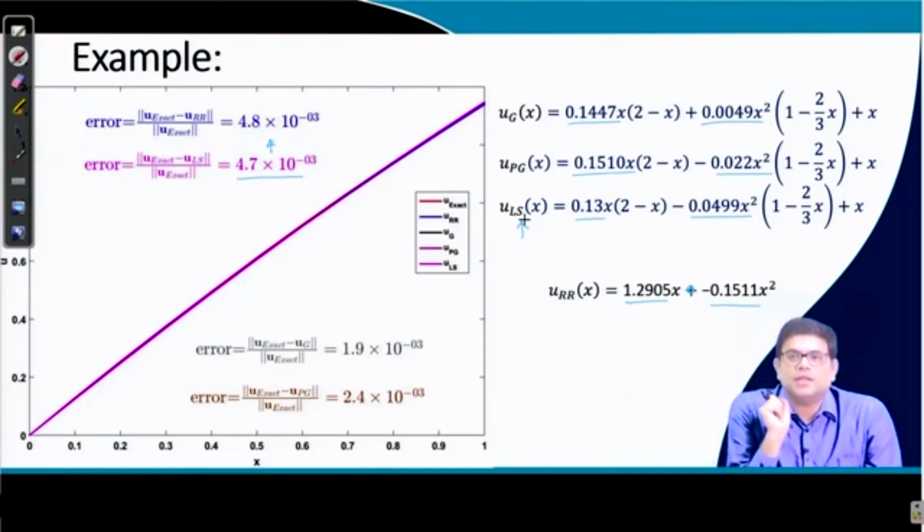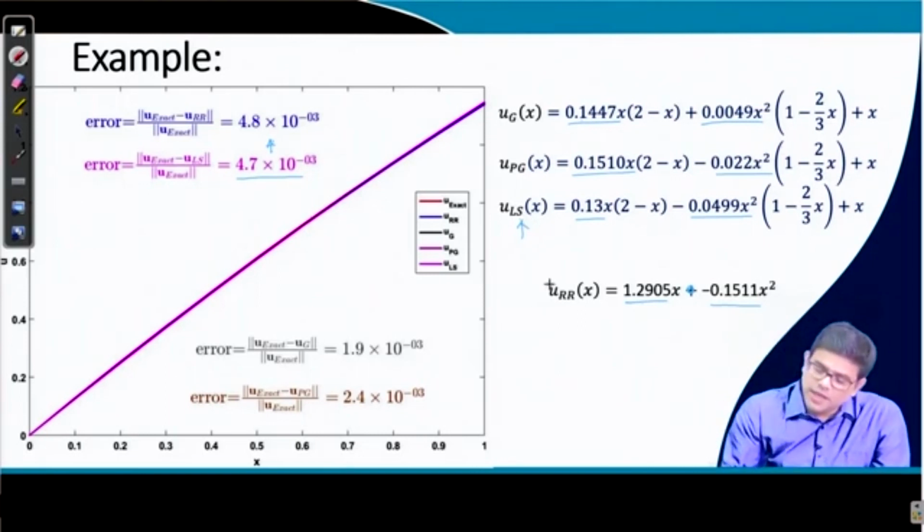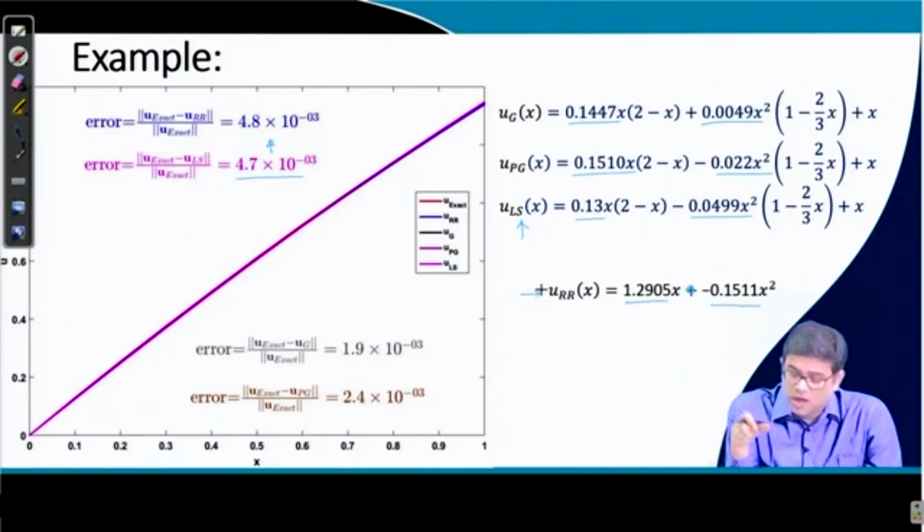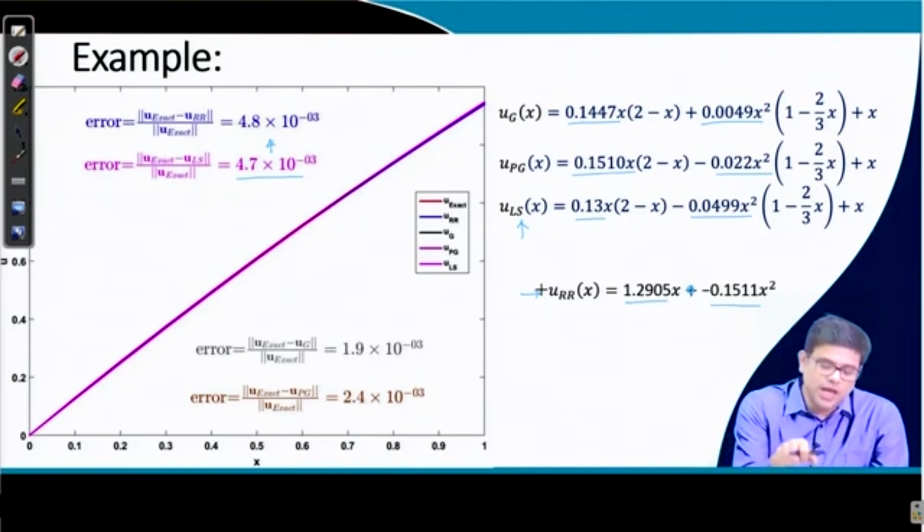Now the Rayleigh-Rinz method, if I use my cubic polynomial, obviously it is not justified that we can compare the Rayleigh-Rinz with the Galerkin here.